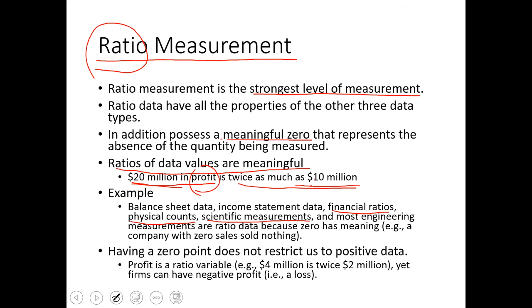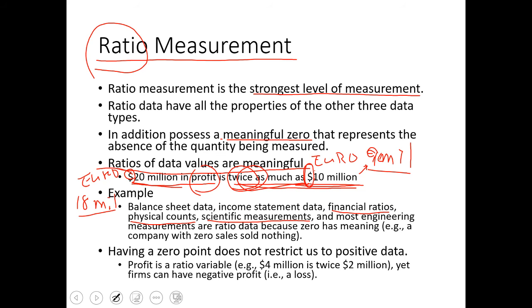If we change this dollar to euro, the 10 million can be changed to, say, 9 million euro, and 20 million will be changed to 18 million euro.